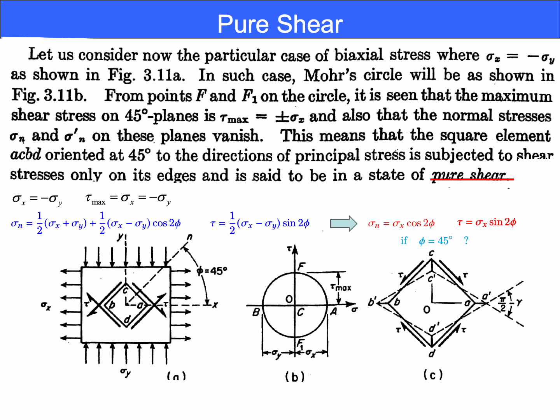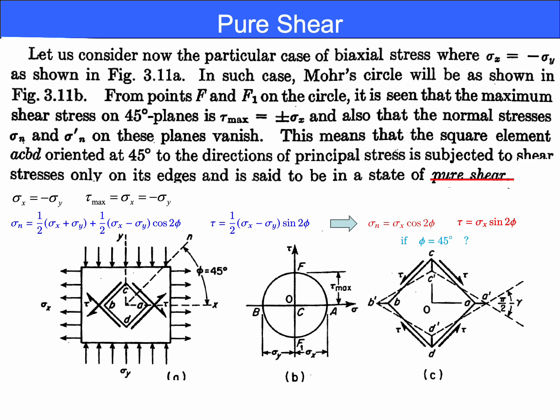And with these forces, stresses, this element is deformed like the rhombus-shaped element shown in broken lines, A prime, B prime, C prime, D prime, like this. Then the original angle of C or A, originally 90 degrees, becomes like this.